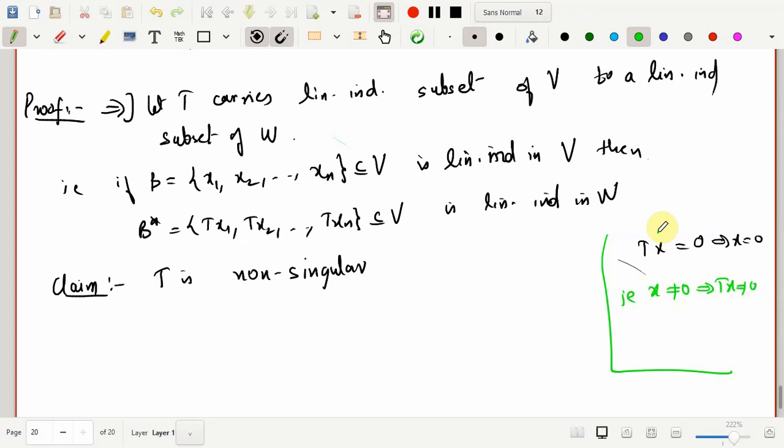So T is non-singular if and only if Tx = 0 implies x = 0, which is the same as saying whenever x is non-zero, Tx is non-zero.